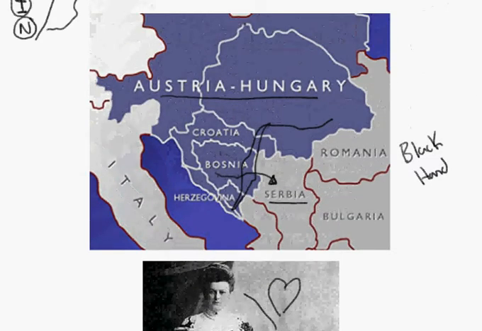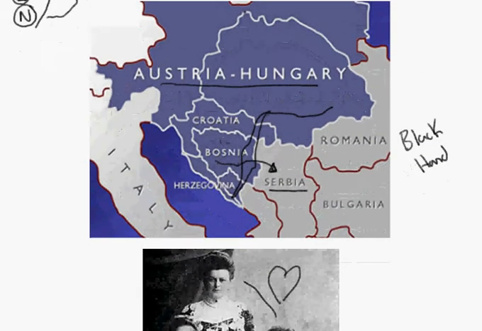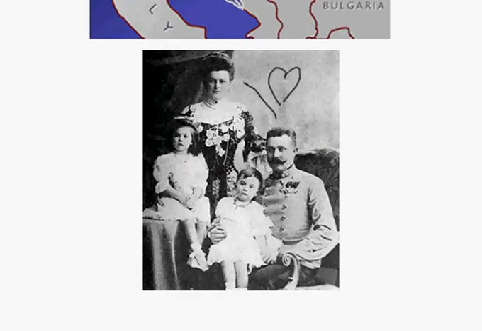Sophie had no connections. She was an ordinary woman. She wasn't extremely rich. She wasn't from any royal family, and they actually forbade Franz Ferdinand, as he was at the time, from marrying Sophie. Franz Joseph, the leader of Austria, by the way, you don't need to know any of this part for the test, forbade Franz Ferdinand from marrying her or even dating.